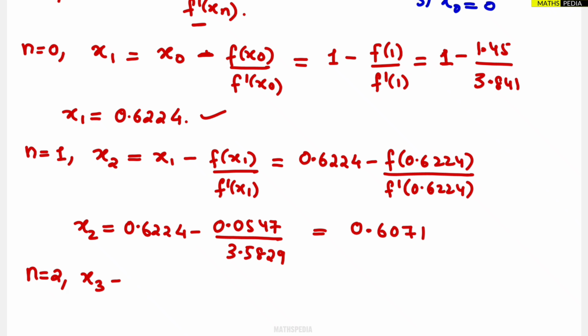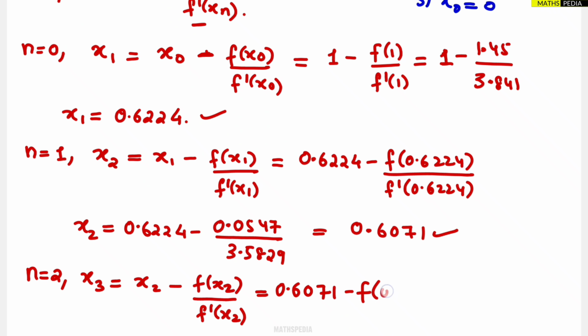It will be x3 equal to x2 minus f of x2 divided by f dash of x2. Now this x2 value is this one, so substitute here 0.6071 minus f of 0.6071 divided by f dash of 0.6071.